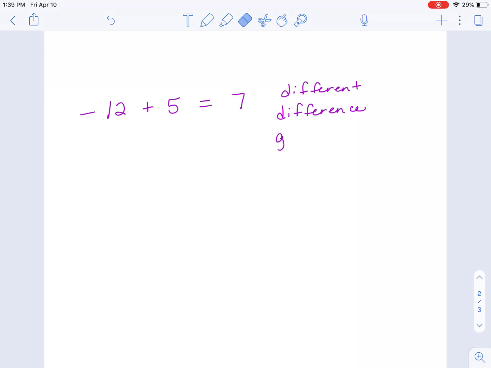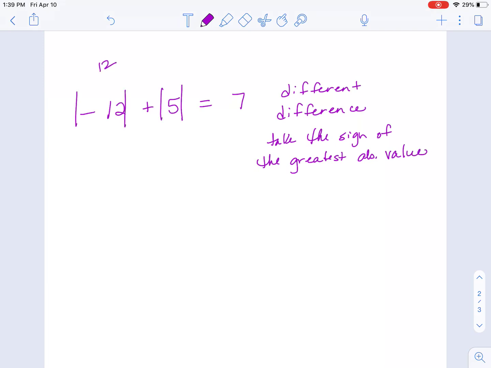You take the sign of the greatest absolute value. This would have an absolute value of 12. This would have an absolute value of 5. This is the greatest. It's negative, so my answer is going to be a negative.